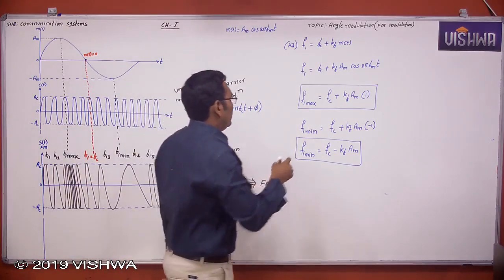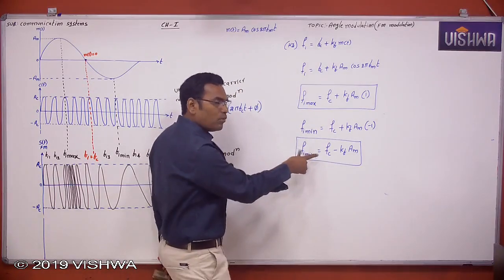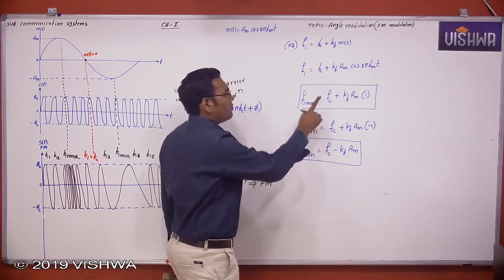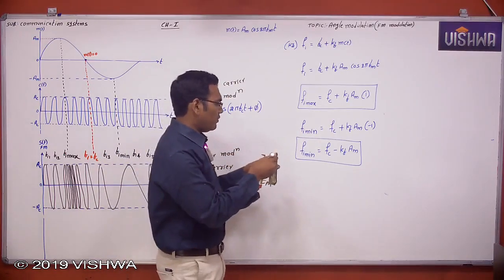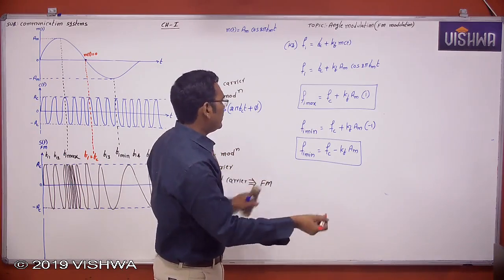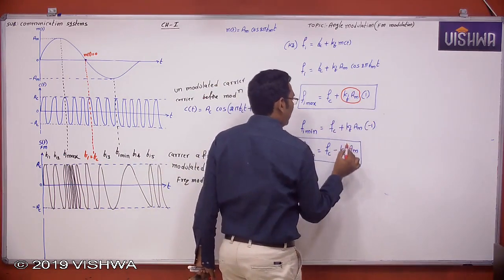Before modulation the frequency is Fc. After modulation, the carrier frequency is deviated by an amount of how much? The carrier frequency is deviated by an amount of Kf into Am.